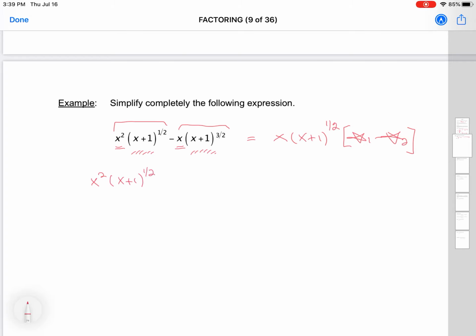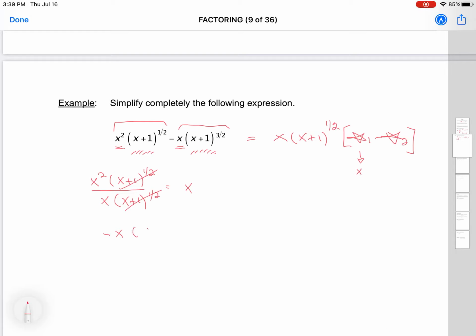Take the first term and divide it by what you have chosen to pull out. What's the outcome here? x squared over x is x, and that is star 1.